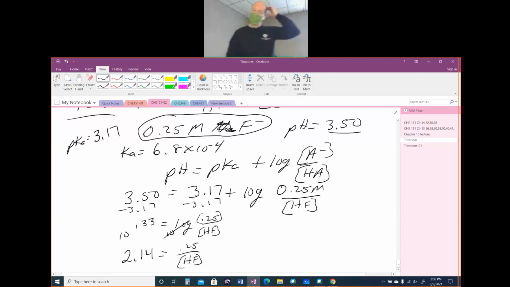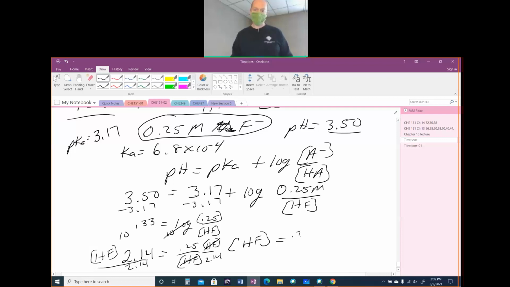All right, so now we have to solve for HF. So the concentration of HF is equal to, so we multiply both sides by HF, and then divide both sides by 2.14. So it is 0.25 divided by 2.14.